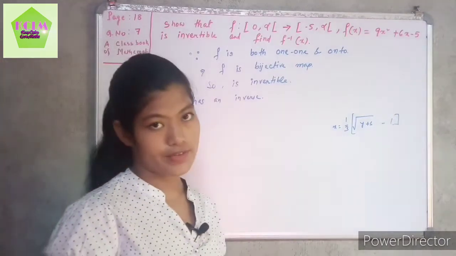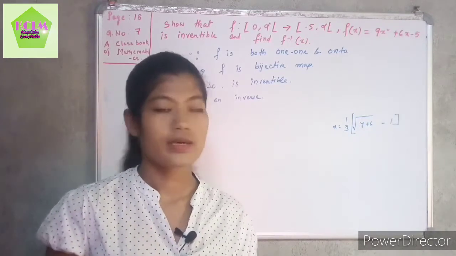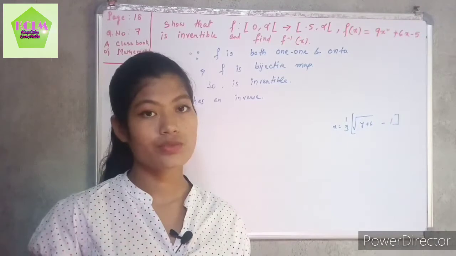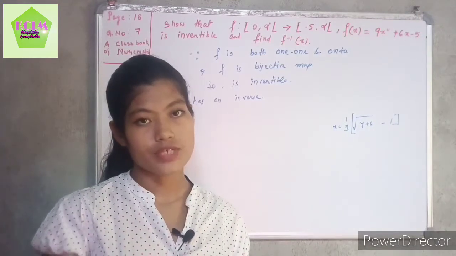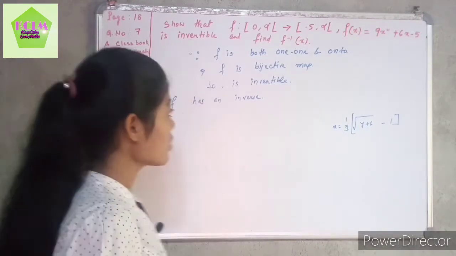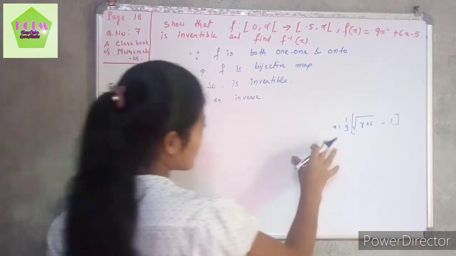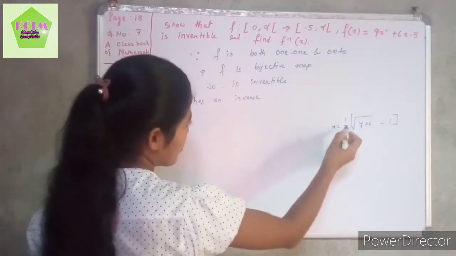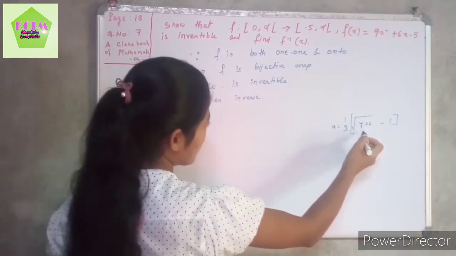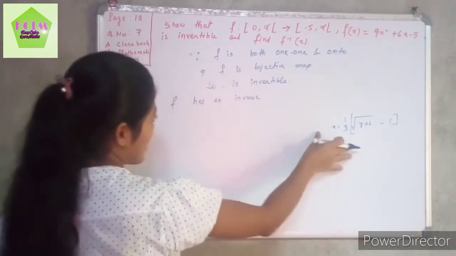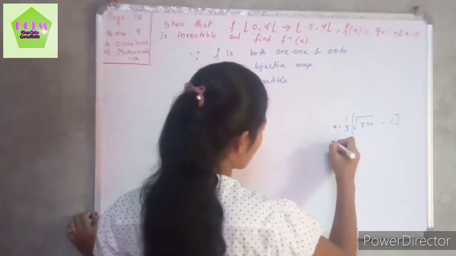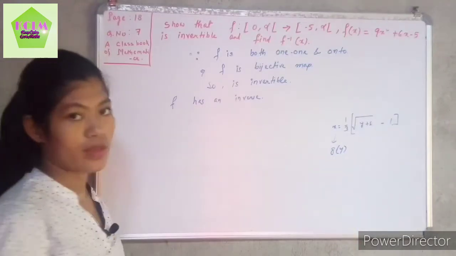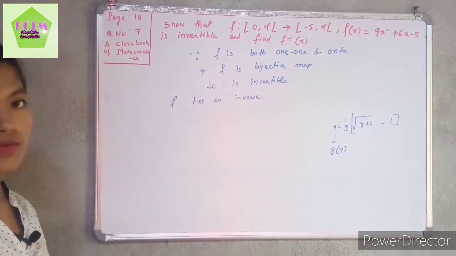Because by definition of invertible function, if we can show that the function is invertible, then the other function will be the inverse of the given function. So we have finally found an expression x equals 1 by 3 of root over y plus 6 minus 1, and this is nothing but another function g of y in terms of y.